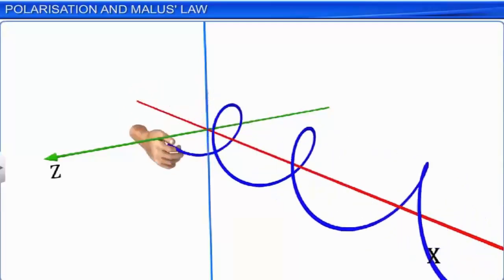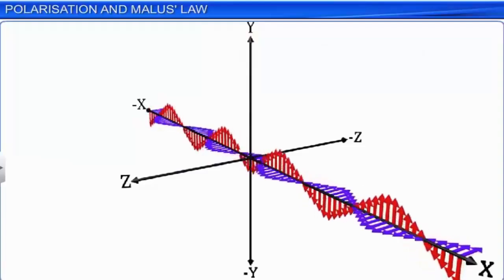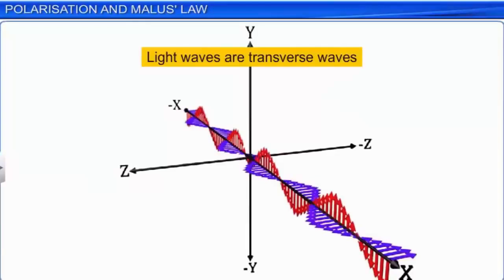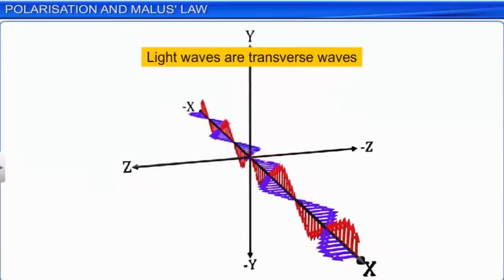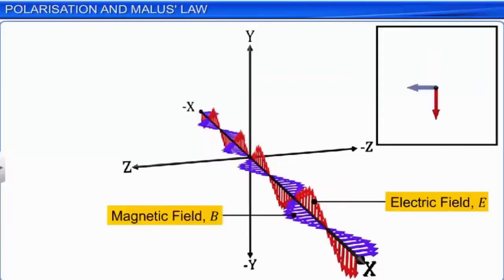Now let us study about light waves. Light waves, which are electromagnetic waves, are transverse waves, with the electric and the magnetic fields oscillating perpendicular to each other and to the direction of propagation.